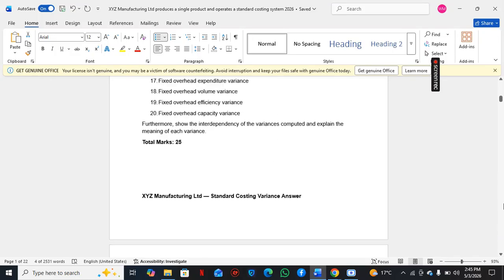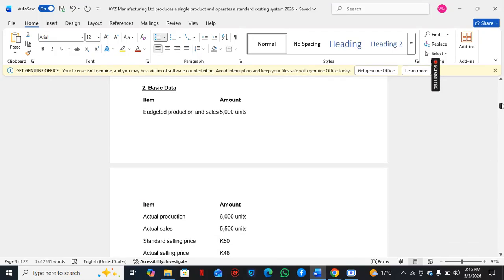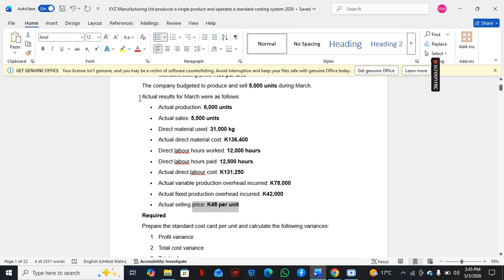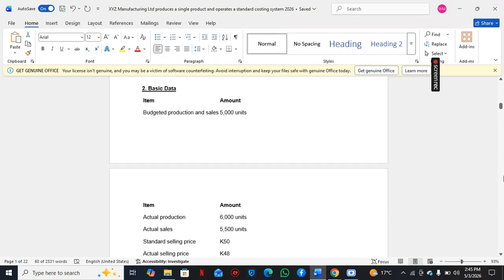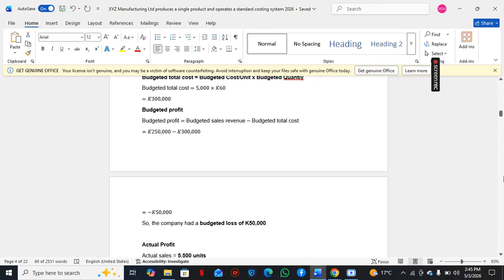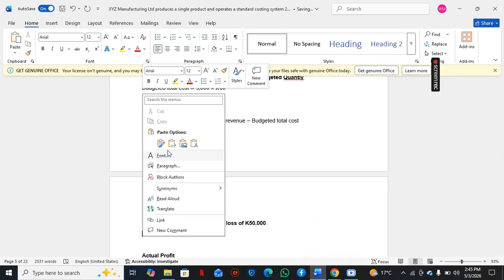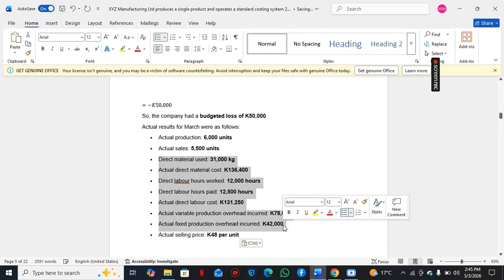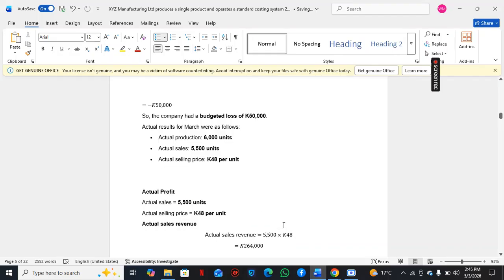Maybe let me bring this information nearby so that as we are solving, we see where these figures are coming from, colleagues, so that we're not asking where that figure came from.